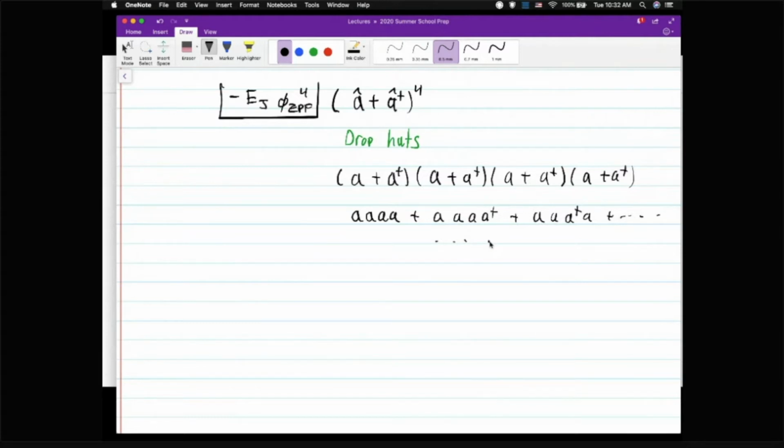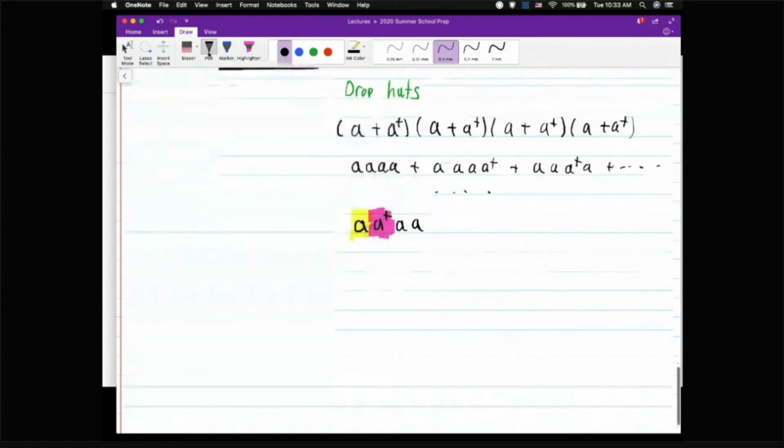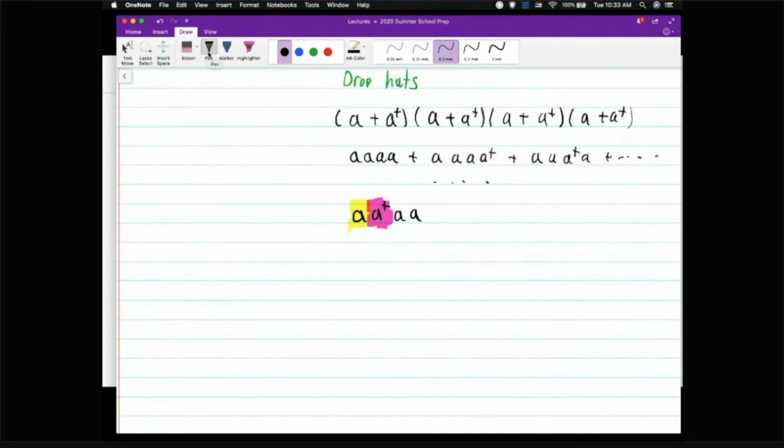Now we're going to do a very important and convenient trick. Every time we see a term such as, let's take the term A dagger A, a term that has a lowering operator on the left side of a raising operator, we're going to move the raising operator over to the left.